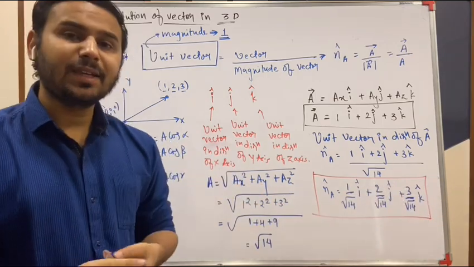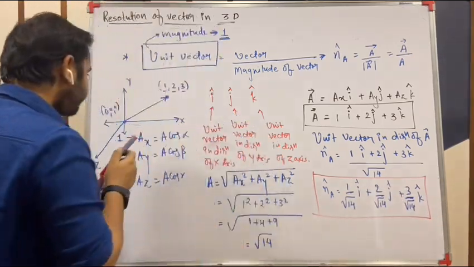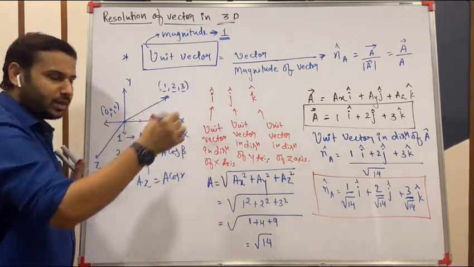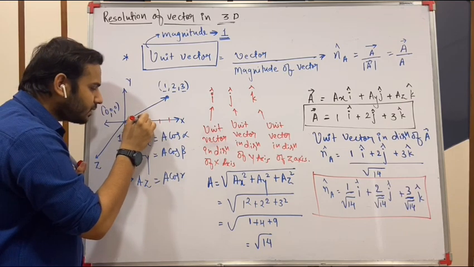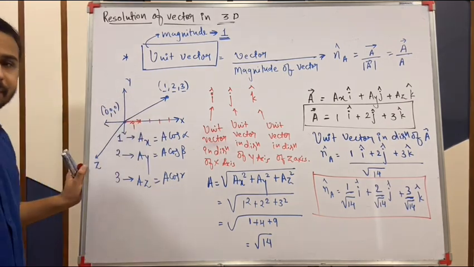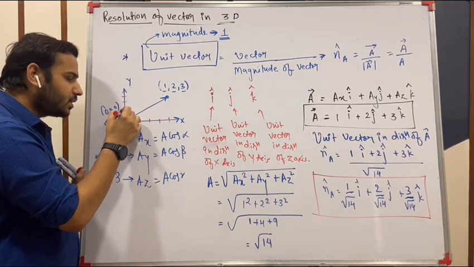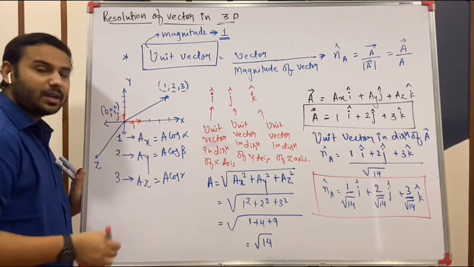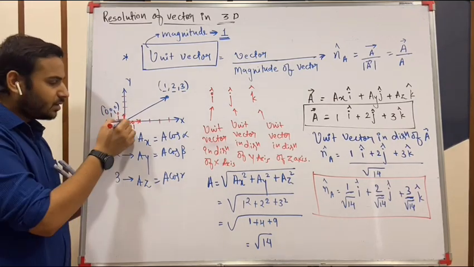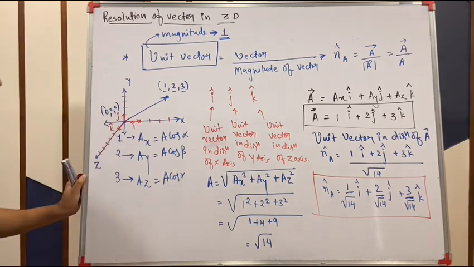Now what are i cap, j cap and k cap? If you say this is 1, 2, 3, 4, understood? So this distance is called i cap. If you say this is 1, 2, 3, 4, this distance is called j cap. If you say 1, 2, 3, 4, 5, 6, 7, 8 on z axis, this distance is k cap.